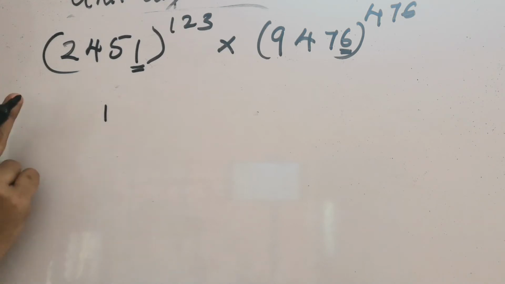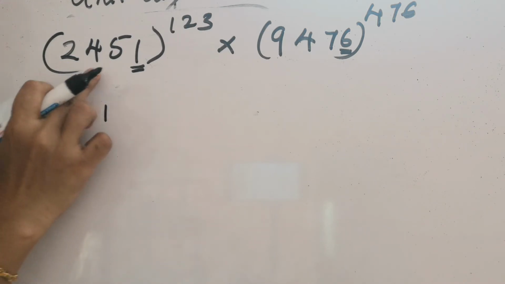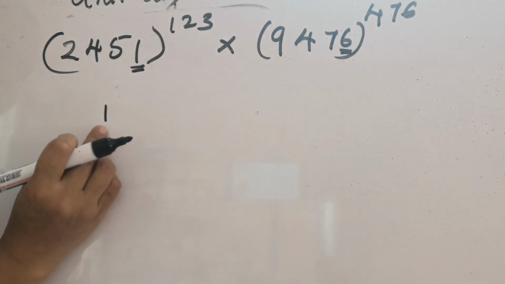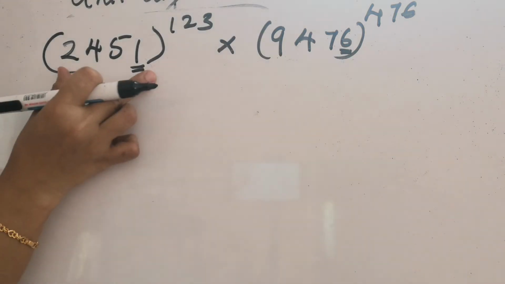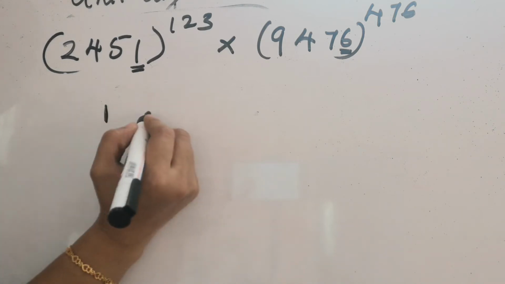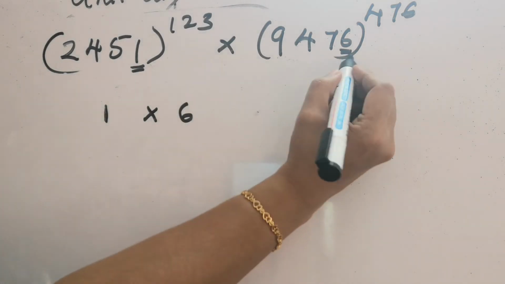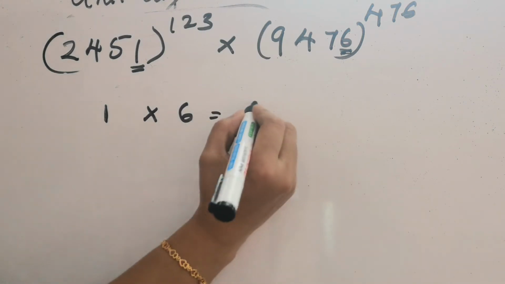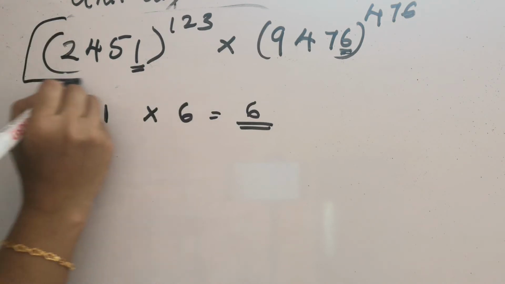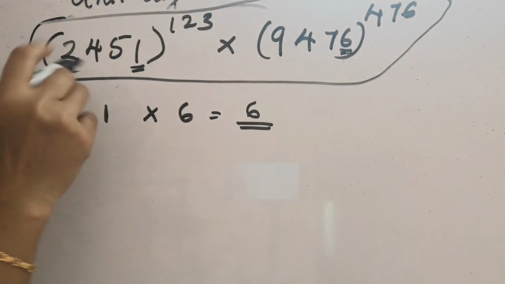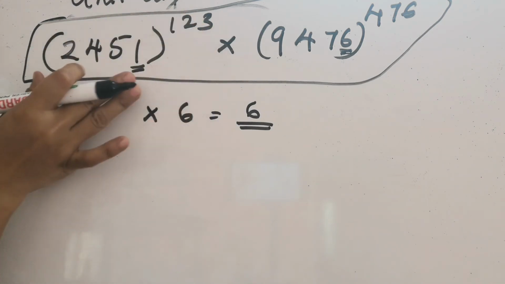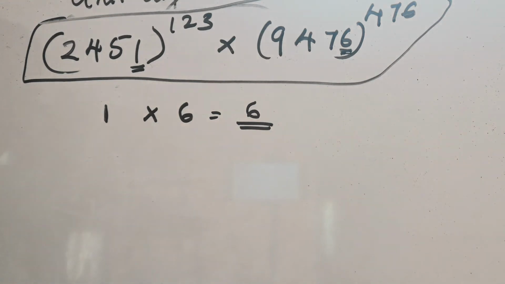In our part 1 section we know the rule: if the unit place number of a number is 1, then after finding the power of this number, the unit place is also 1. The same rule applies for 6 also. Here is a 6, so we write 6. So 6 is the unit place number of this type of problem after calculating.